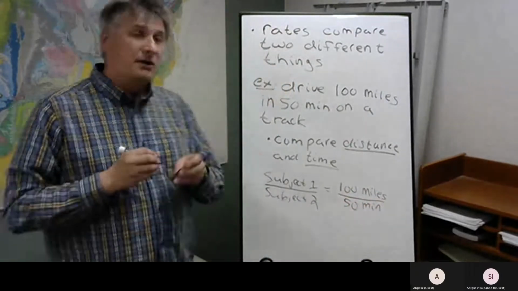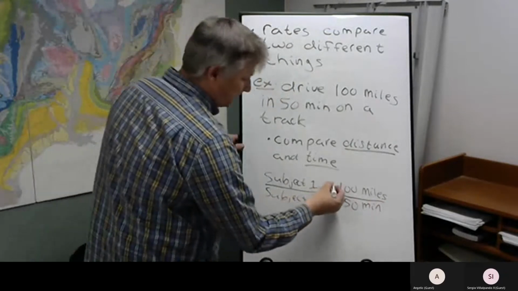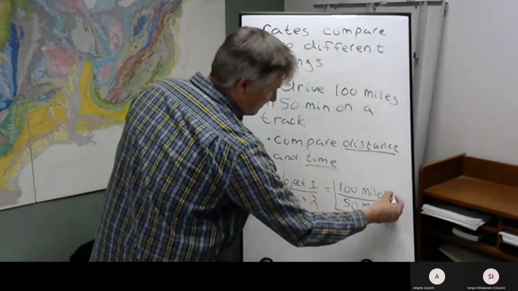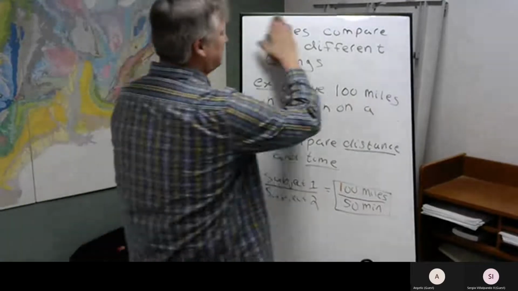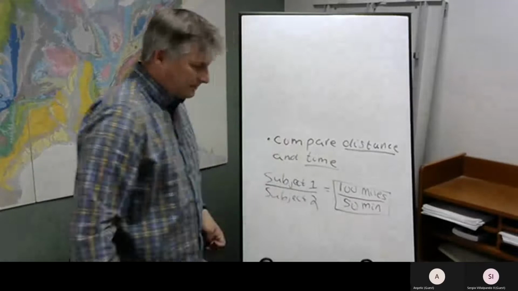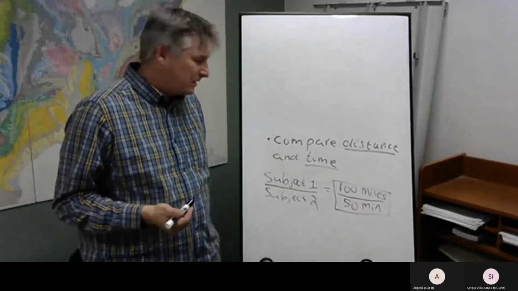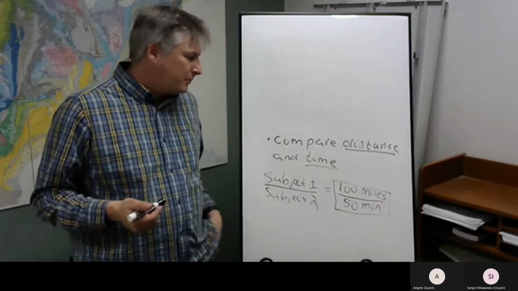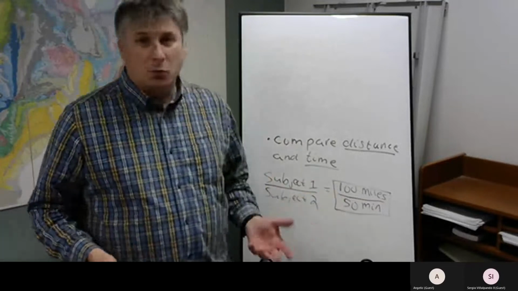We just take 100 miles and we place that over 50 minutes. And so this would be our rate. Now, what we typically do with rates is we like to work with something called a unit rate. And a unit rate is when we reduce our rate so the denominator is 1.